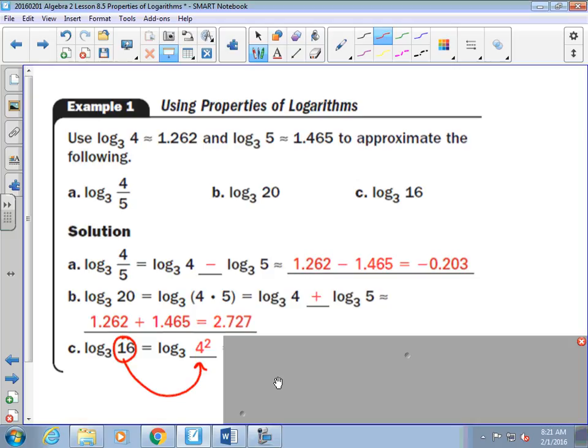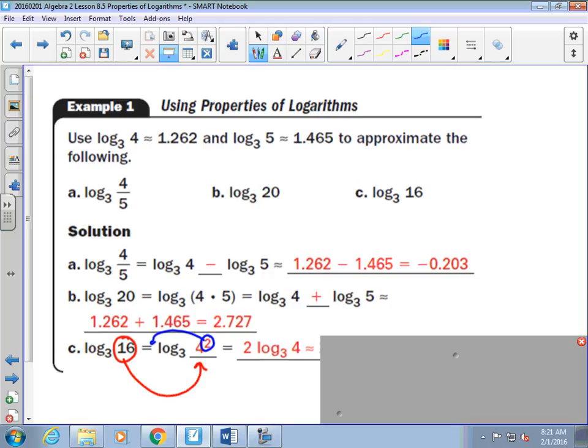And again, it would be acceptable to write log base 3 of 4 times 4. That would be the same thing, since we know what log base 3 of 4 is, but it's simpler and quicker to write it as 4 squared. Watch what happens when we write it as 4 squared. It becomes 2, and this 2 goes up front: 2 times log base 3 of 4.